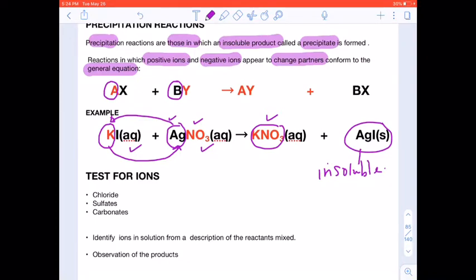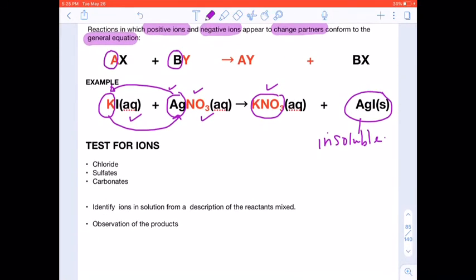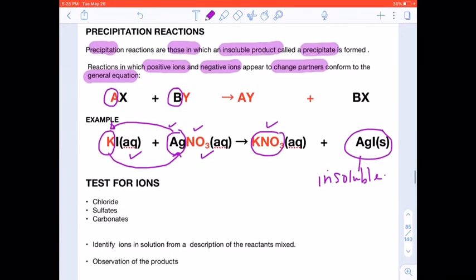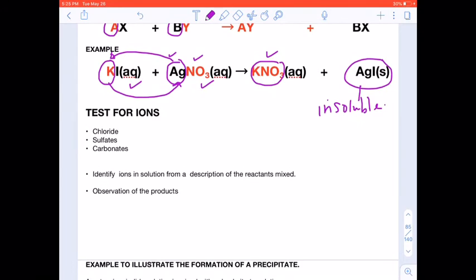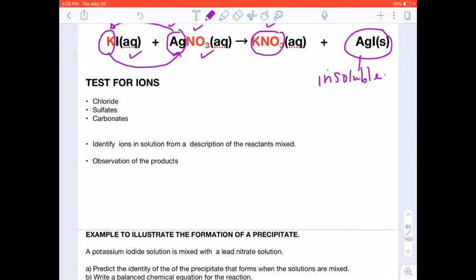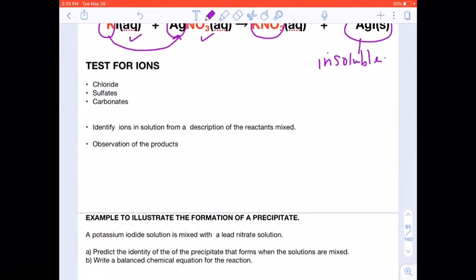Whenever we find that a precipitate can form in solution, we find that it actually drives that particular reaction. Once we get a precipitate forming, that reaction is driven by the formation of that precipitate.